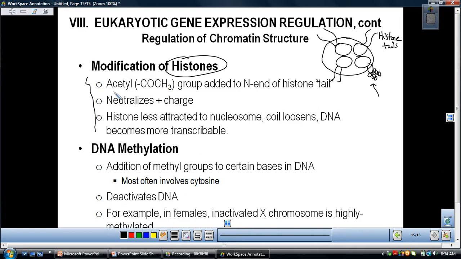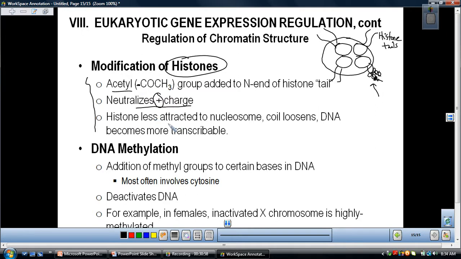So over here you can kind of see in this area, there's a couple things that can happen. Acetyl groups, COCH3s, can be added to the N-terminus end of the histone tail. So on the end of the tail, another group can be added. What does that do? It neutralizes the charge. It's normally positive, but if we're adding on this group that has a negative charge, it neutralizes that.